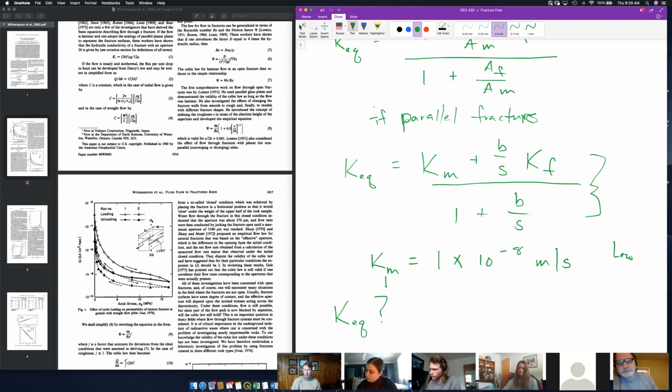And as a reminder, B is equal to 1 times 10 to the minus 6 meters. S is equal to 1 meter.